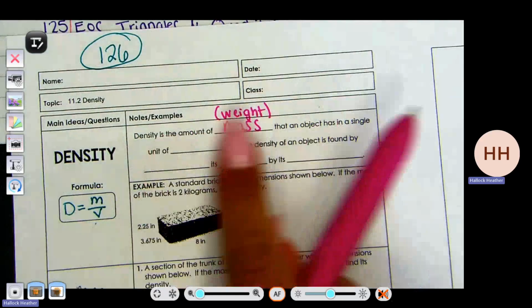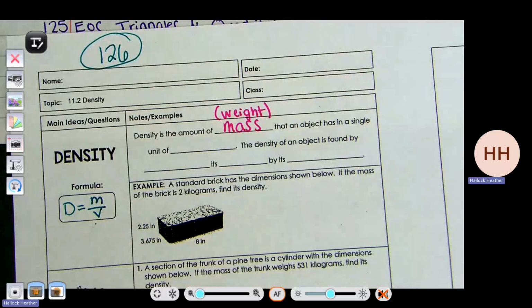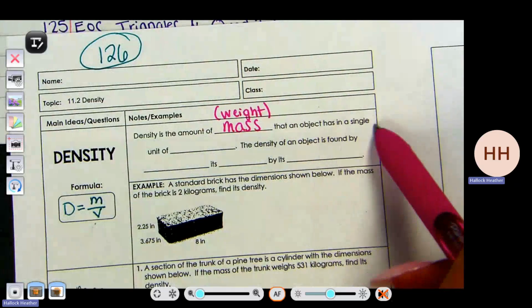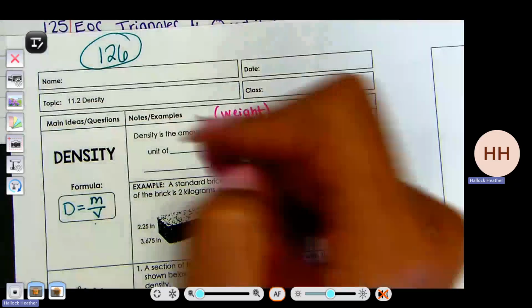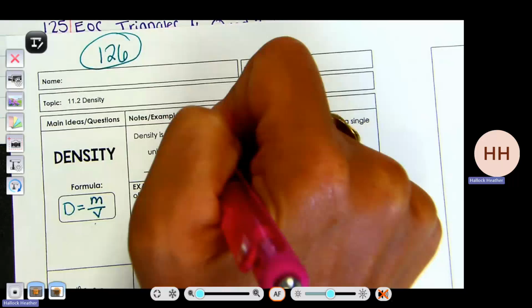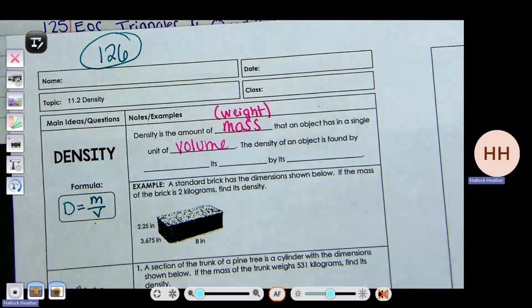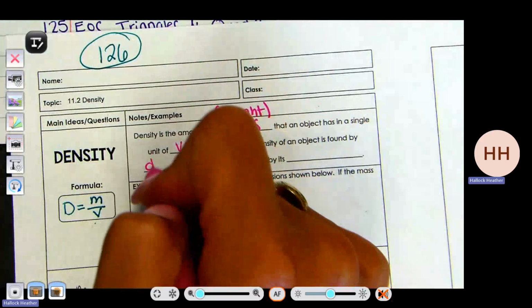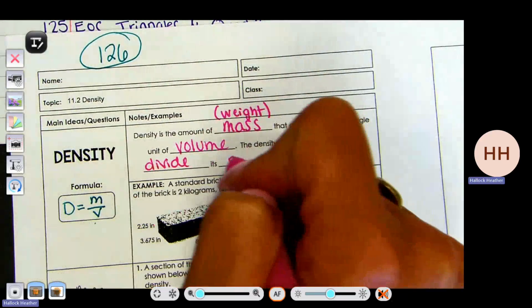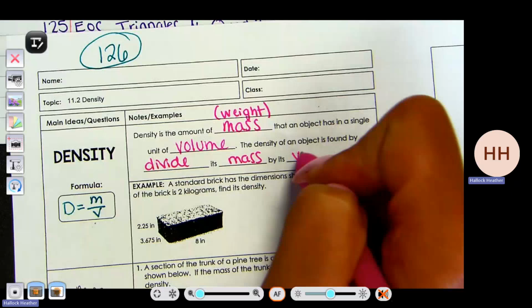The density is taking the weight of that object and dividing by how much volume there is. So it's basically finding a single unit of volume, like per cubic inch or per cubic centimeter, or whatever the units are. So you're usually going to get really small numbers for these. So what we're going to do is divide the mass by the volume.